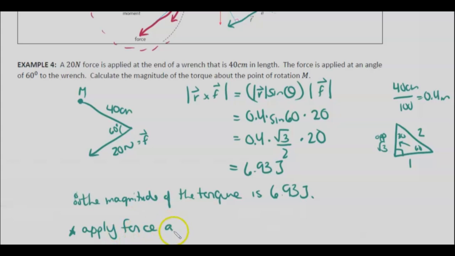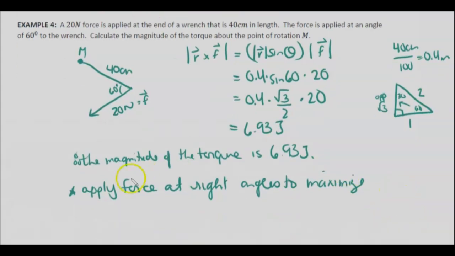The other thing I want to point out is when we apply force, we apply force at right angles to maximize the force about that turning point. And I also want to say, i.e., the radius is going to be as large as possible.